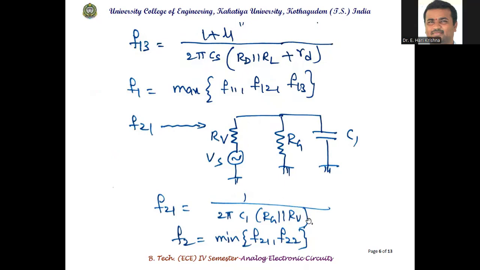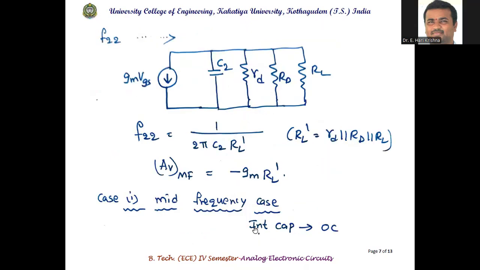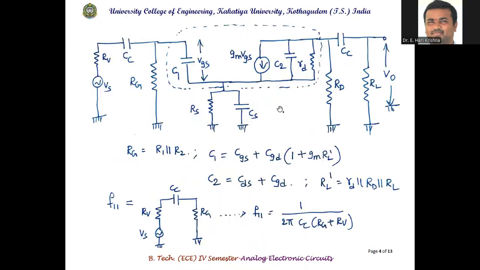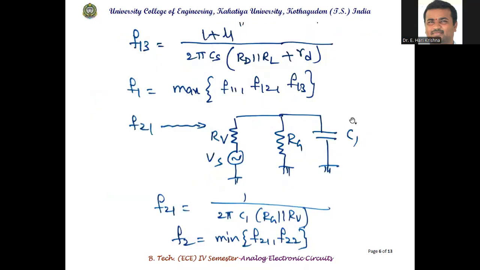Overall F2 will be the minimum of F21 and F22. So the F22 formula is for the output side capacitance: output side gm VGS, C2, rd, RD, RL. So this is taken here.